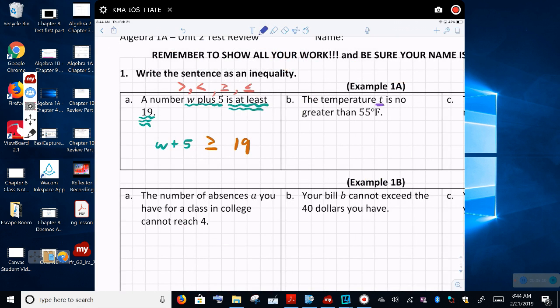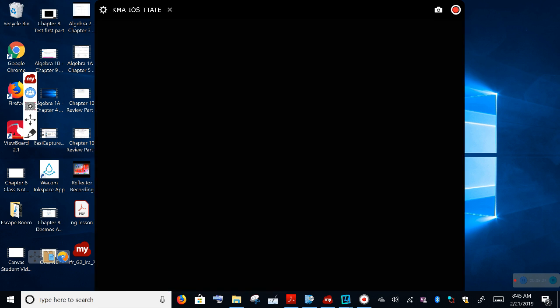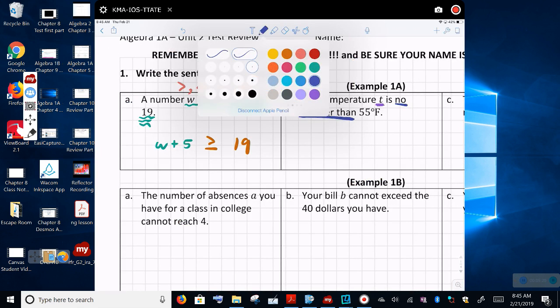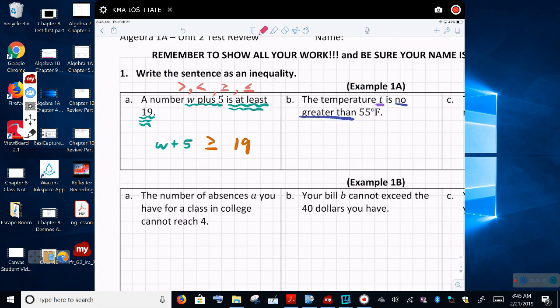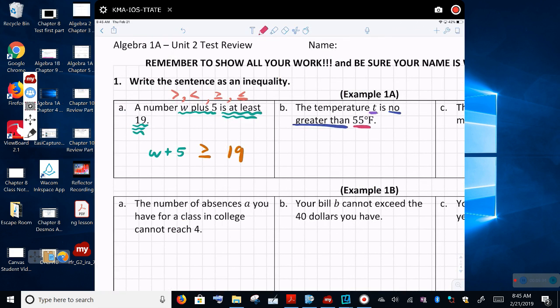Give me another part. Okay. Greater. I want to put "no greater than." And then there's only one part left. What do you two want to tell me? 55. Yeah, it's 55. Okay.